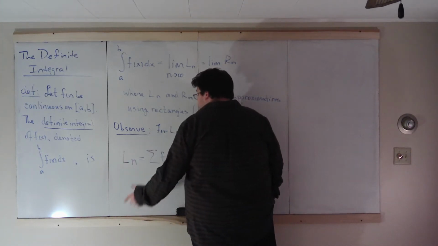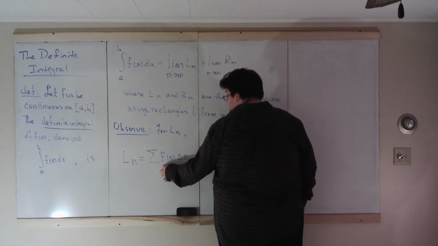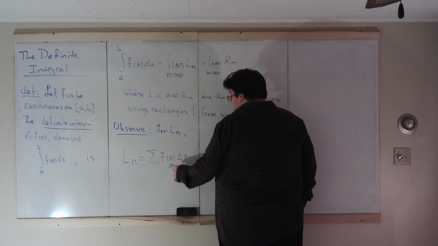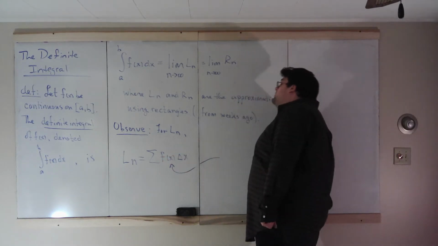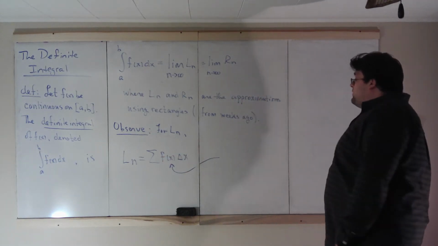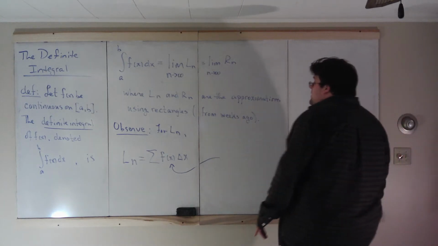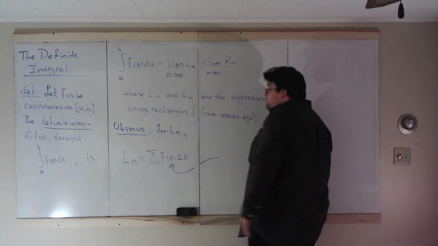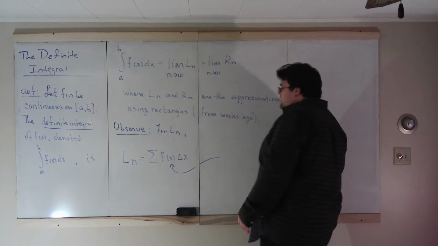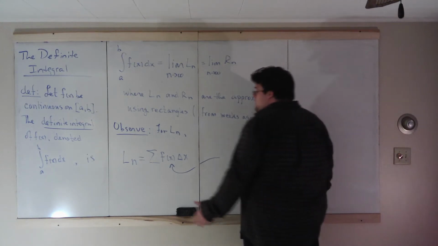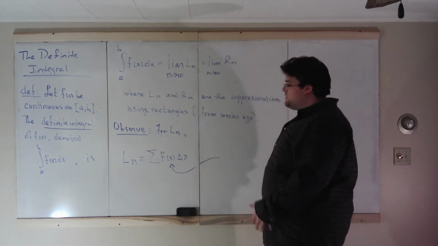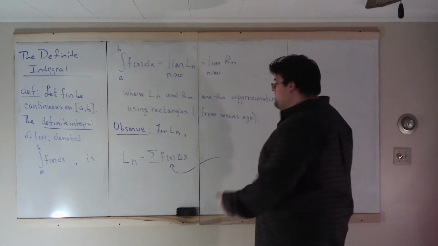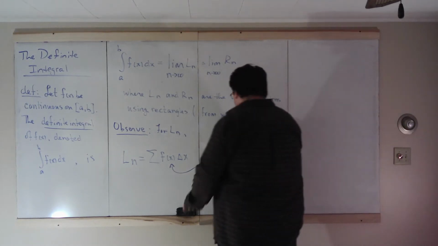But Ln, remember, is the sum of heights of functions times x-axis pieces, and this gave us rectangles. But observe, in that sum, all of the functions that we considered before were above the x-axis on the relevant intervals. But it could be below the x-axis, and the question is, what happens if the function is below the x-axis?